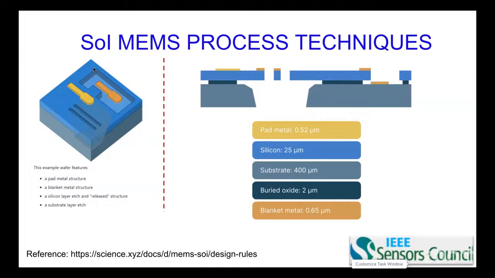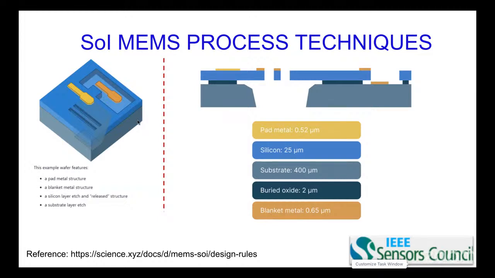The blanket metal is deposited at 0.65 micrometer. In between the blue silicon and the light blue substrate, there is an oxide layer. That is why it is called silicon on insulator.